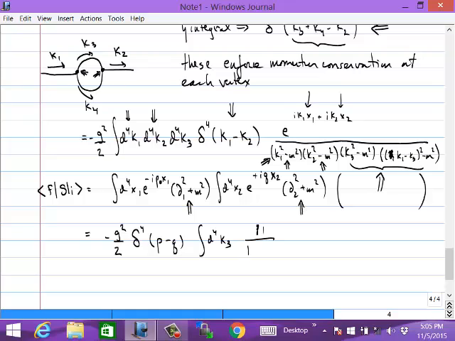You get a 1 over k3 squared minus m squared, and a 1 over (k1 minus k3) squared minus m squared. But k1 is just the momentum of your initial particle.